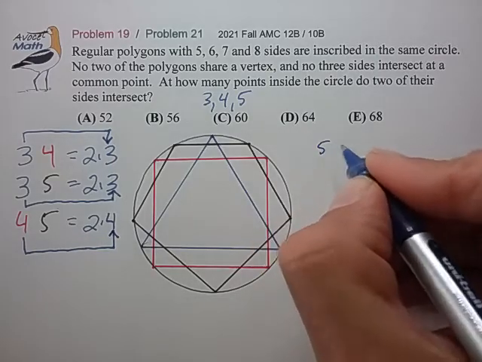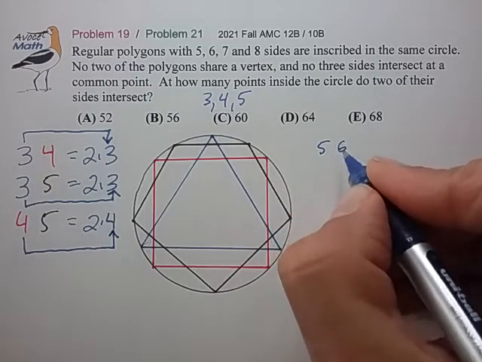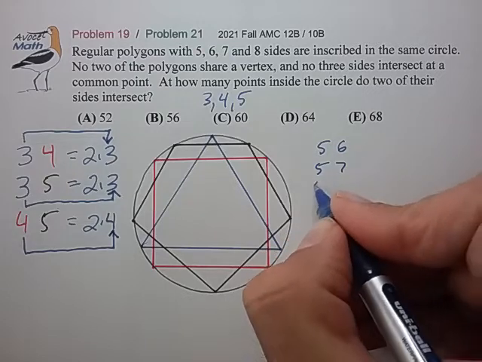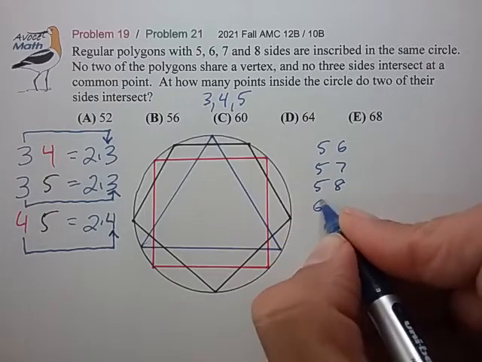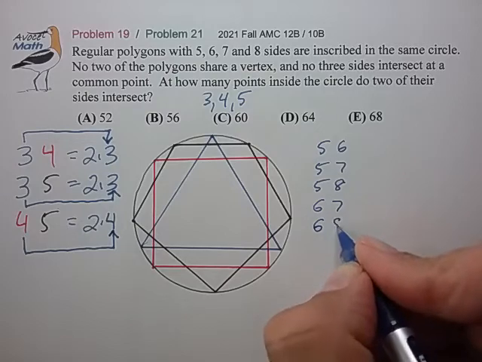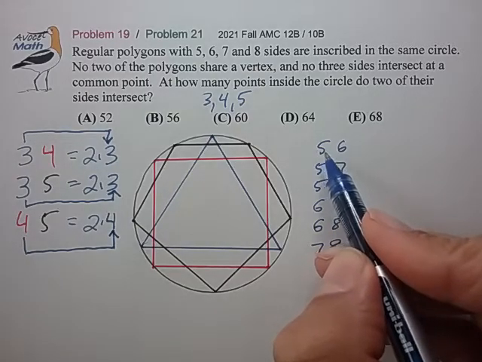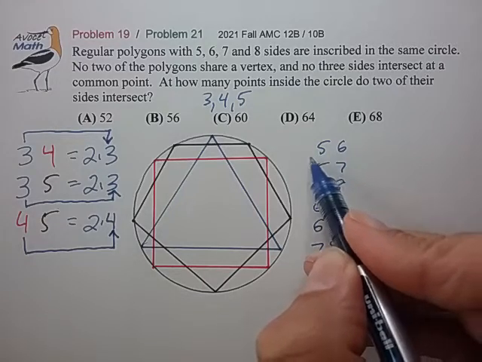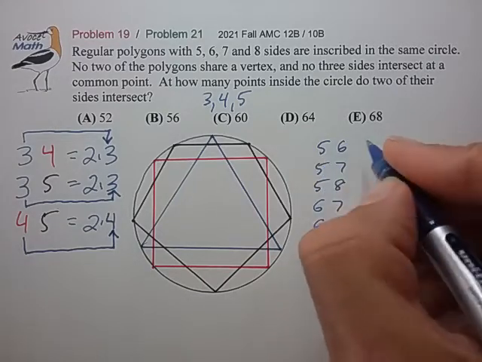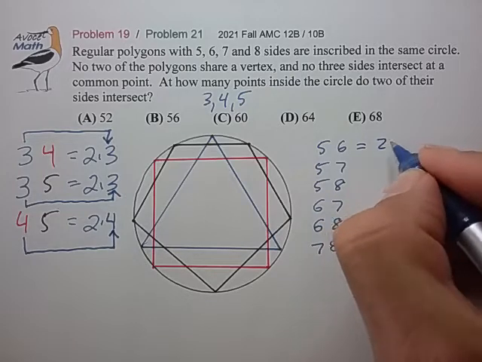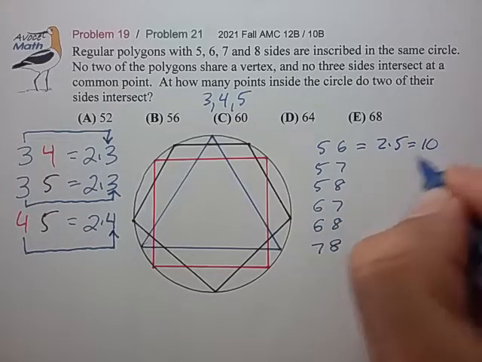So we have the 5-sided figure interacting with the 6-sided figure, the 5 with the 7, 5 with the 8, 6 with the 7, 6 with the 8, and 7 with the 8. But it's the smaller sided figure that's going to determine the number of intersection points between a pair of figures. So in the first case, we'll have 2 times 5 intersection points for 10.